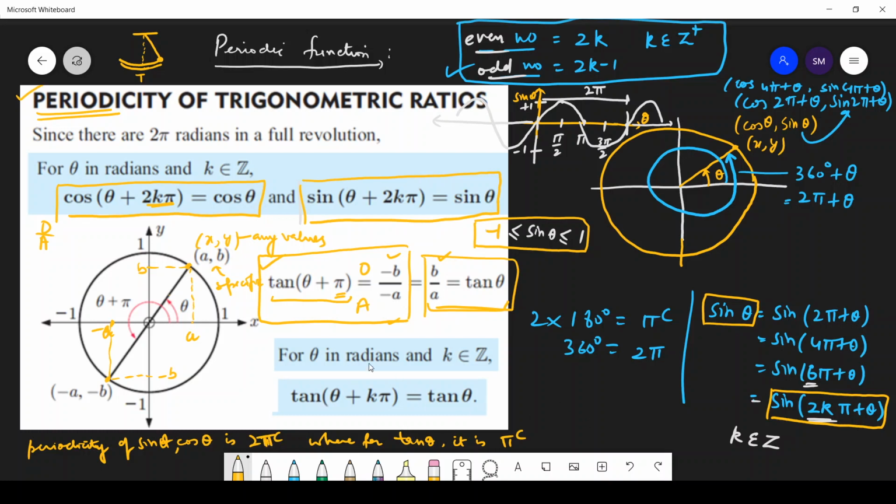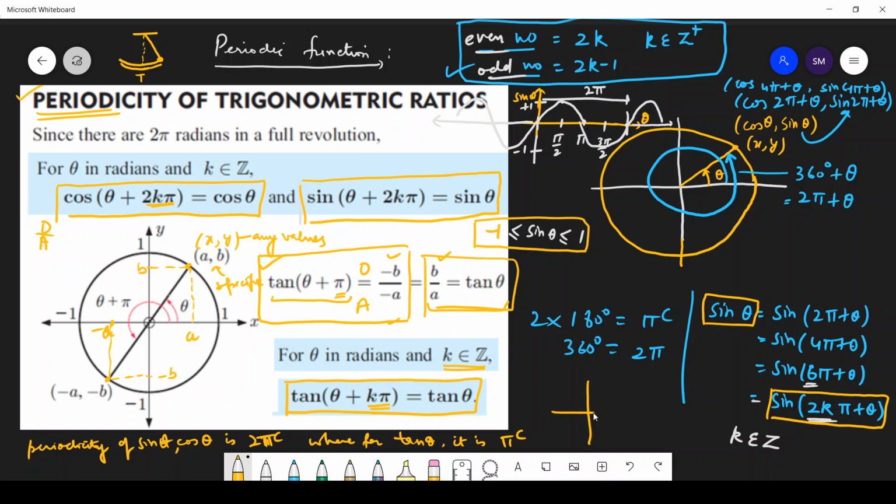So students, that is why in this formula you have 2 k pi, but here you have only k pi. The value of k is an integer, you can put 0, plus minus 1, plus minus 2. So we have understood the meaning of periodicity.